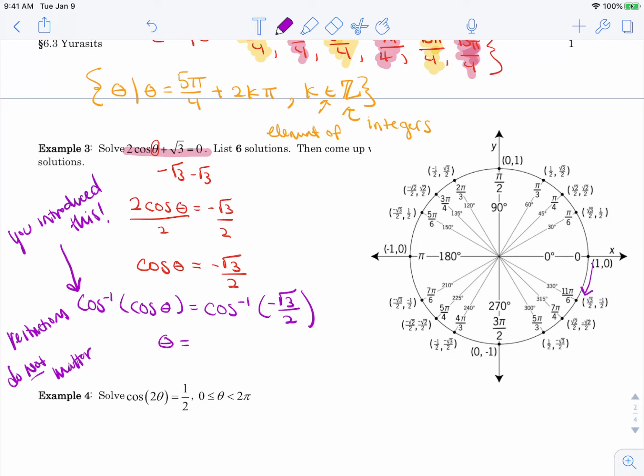Negative root 3 over 2 for cosine. The very first place you hit is here, which, bear with me, is negative 5 pi over 6. All right, the next one you hit is, now be careful, don't fall for it. It's going to be negative 7 pi over 6.